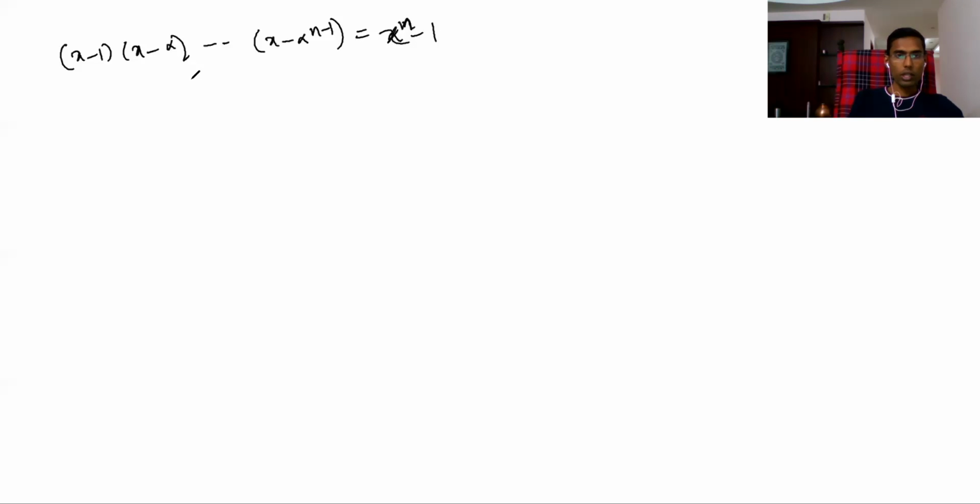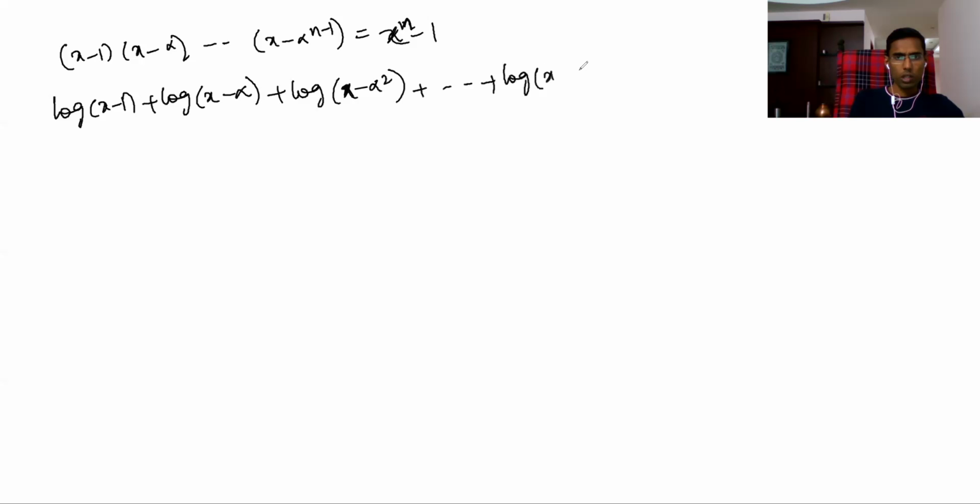If I apply log, log of x minus 1 plus log of x minus alpha, log of a b c is log a plus log b, like that, plus log of x minus alpha square, plus so on up to log of x minus alpha power n minus 1 equal to log of x power n minus 1. Why am I applying log?